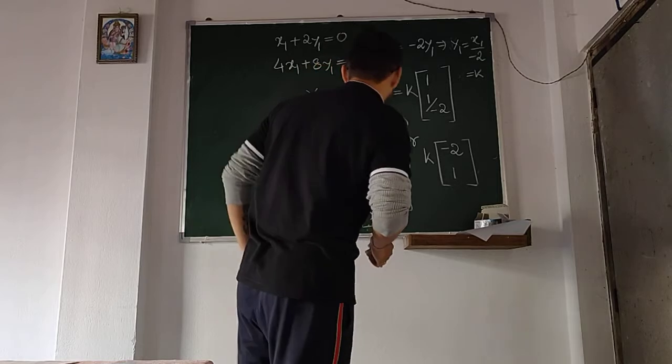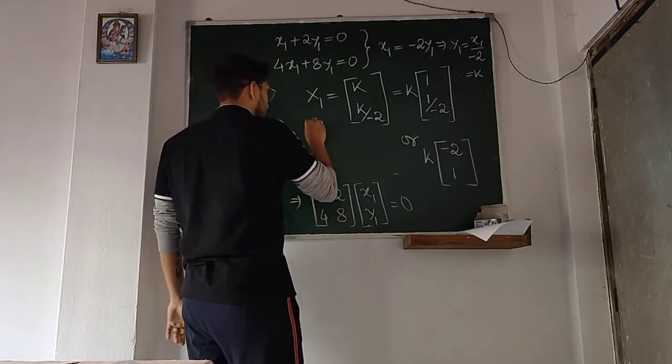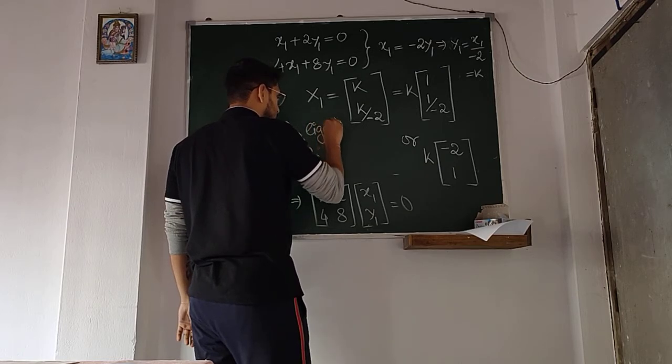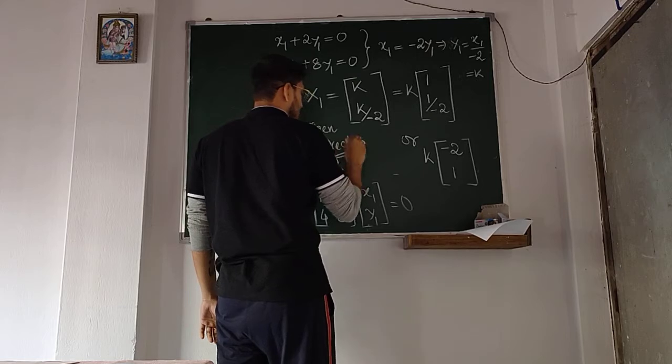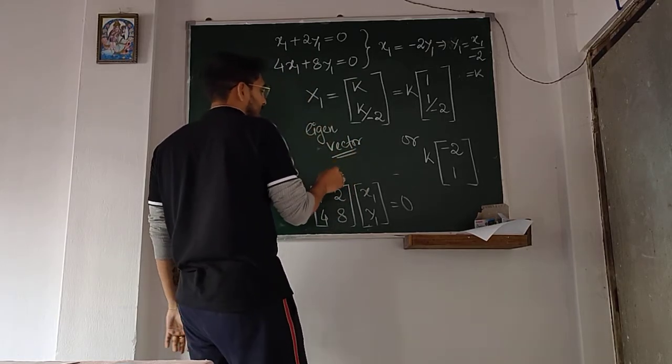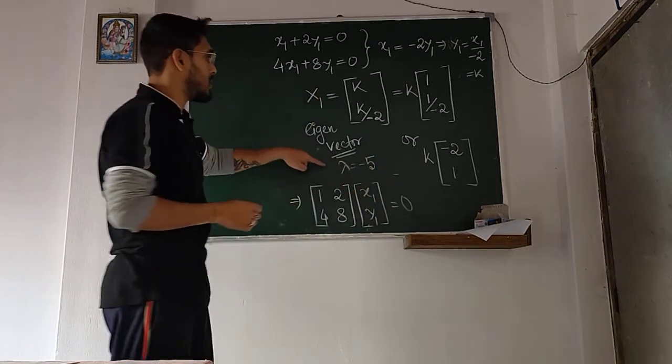Now this is the required eigenvector that we have got when lambda is minus 5.